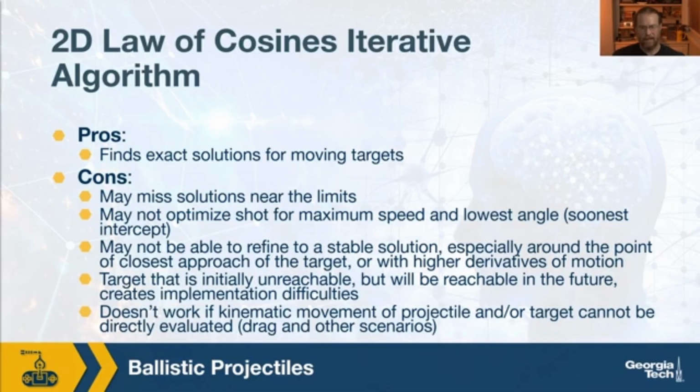I haven't looked into that at all, but you can only use a simple kinematic movement for your target. For the projectile, you can use it with gravity, and I guess you could probably also have more complicated movement for the projectile, provided that you could directly solve it.